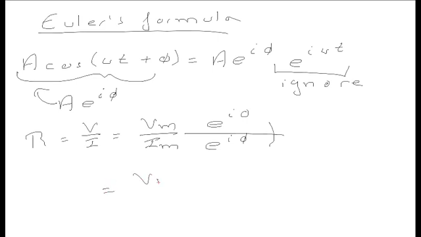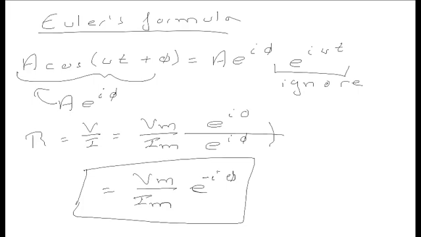So that gives us Vm over Im e to the i phi with a negative because we're subtracting. Now, we said we could go back and turn this into a sinusoid, and in fact we can do that quite quickly. R is Vm over Im, so I'm keeping the magnitude. Cosine, I now put that omega t term back in because cosine is a function of t, and minus phi, and that's because of that minus sign there.